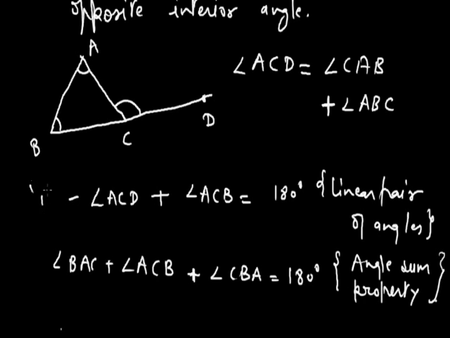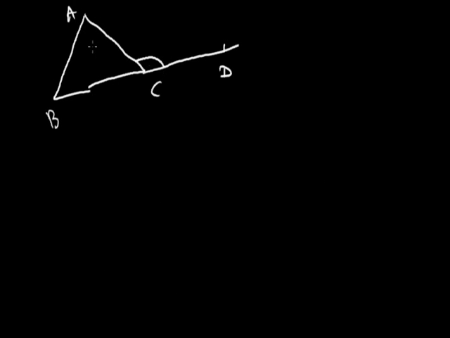Now this is my first equation and this is my second equation. Substituting the value of interior angle ACB from equation first into equation second, from equation first I get that angle ACB, or the interior angle C, is equal to 180 degrees minus angle ACD, or the exterior angle C. So we have angle ACD plus angle ACB is equal to 180 degrees.